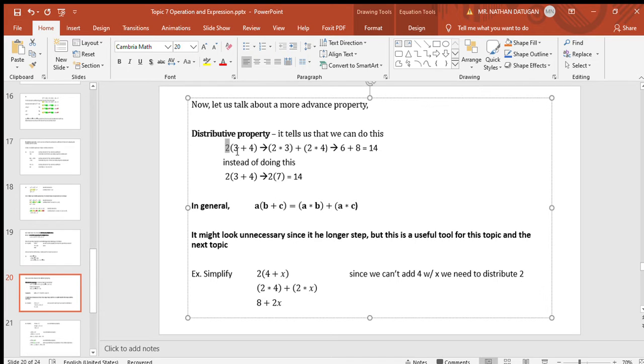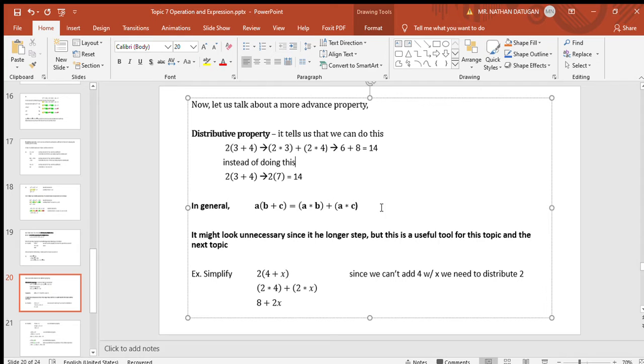So instead of 3 plus 4 times 2, we can simply do 2 times 3 plus 2 times 4. Then 2 times 3 is 6, 2 times 4 is 8, and 6 plus 8 is equal to 14. 14 and 14, that means they're the same thing. The process may be different, but the answer you get is the same.